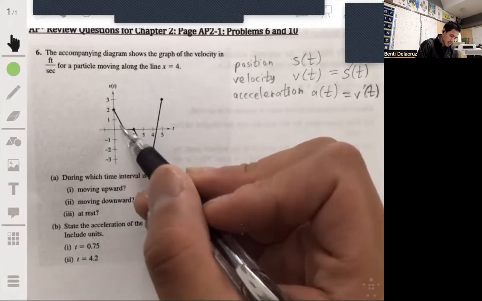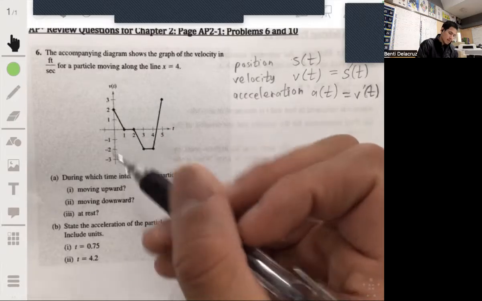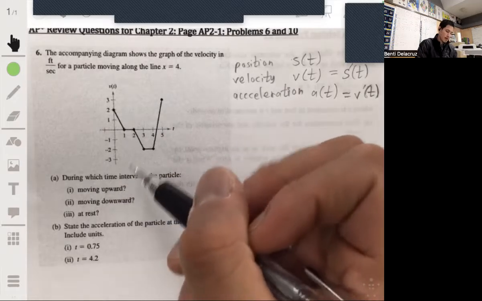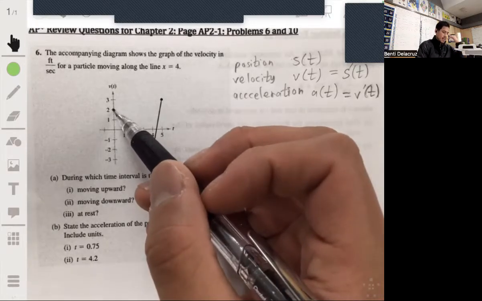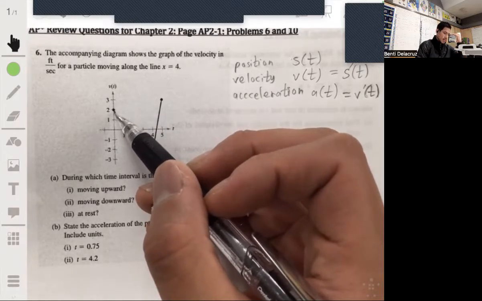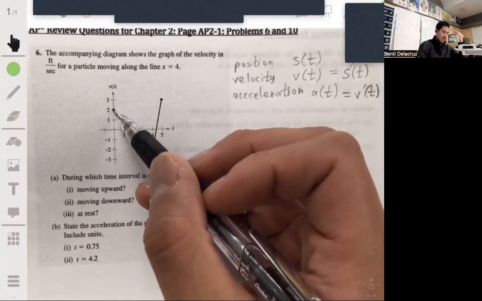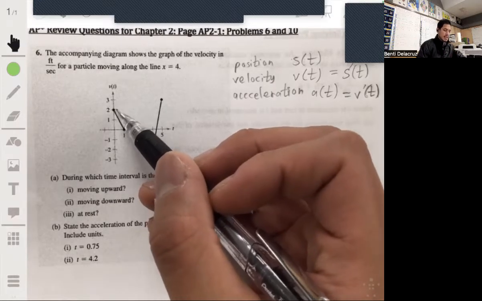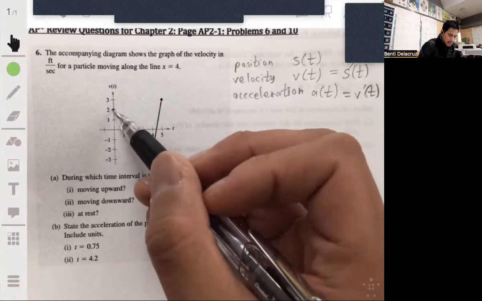So this shows the velocity of the particle. If we want to figure out when it's moving upward, a common thing is for students to see that the velocity is basically how this graph is trending, like oh, the particle's moving down because the graph here has a slope that's negative, but that's not the case.